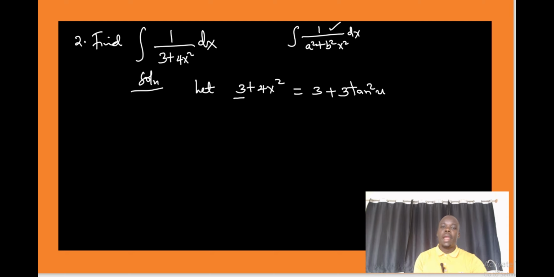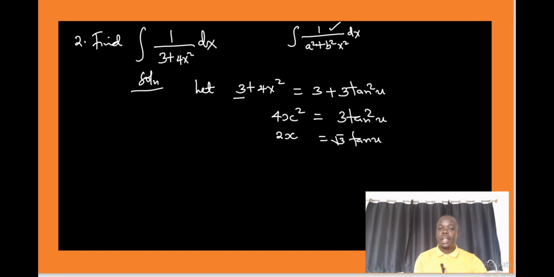When you compare the terms, the 3 cancels out, so you remain with 4x squared equals 3 tan squared of u. And then from here, take the square roots on both sides. You will get 2x, and on this side you will get root 3, because 3 is a non-square number, but you remain with only tan u here.